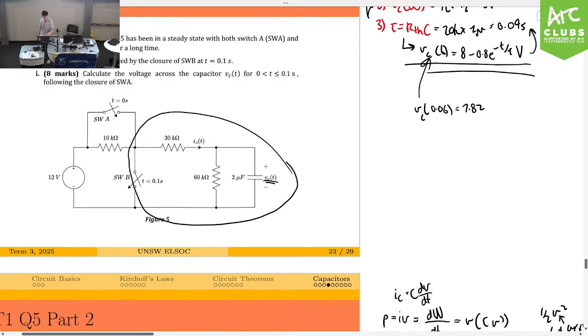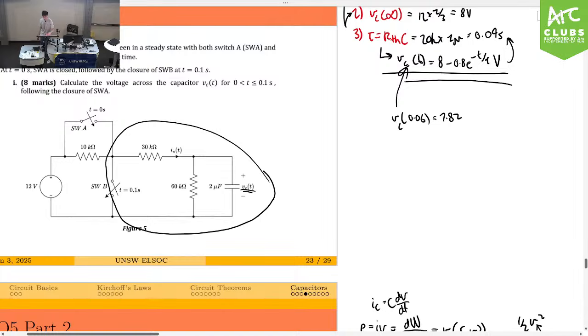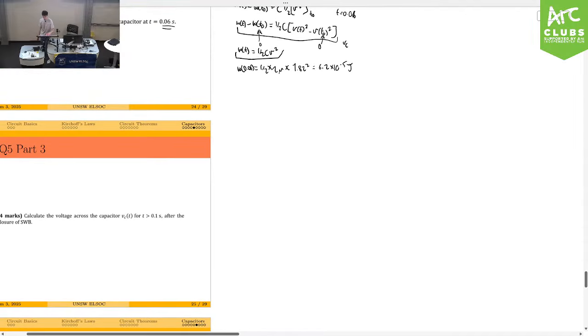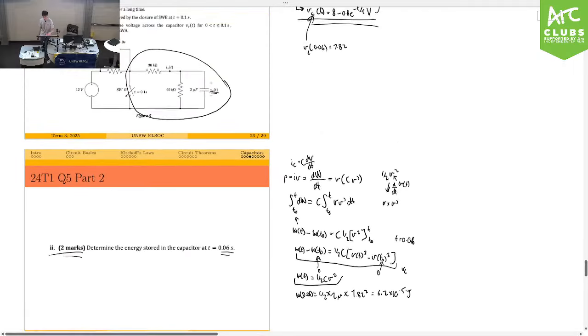Now, interestingly enough, as you can see, this equivalent circuit here is just like what we found earlier when we found RTH. So RTH is going to be the same value. I know that my RTH is going to be equal to, what was it, 20K. And our capacitance stays the same, so this is going to be 0.04. All right, so that's the first thing.